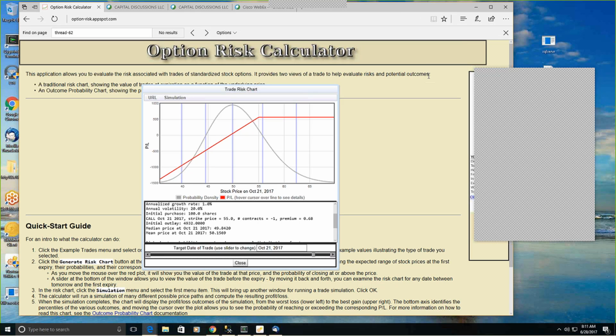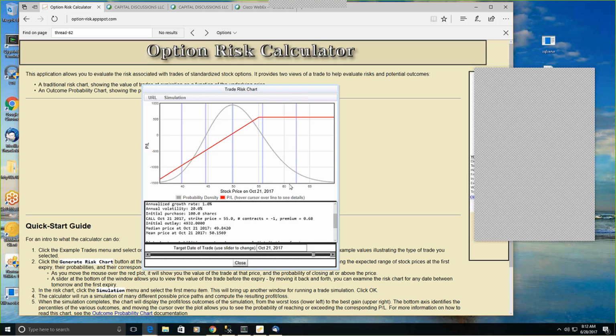Okay, so I'm going to open that chat window because as I talk about what's on the screen, I'm going to take a moment to talk about what's on this screen before we move on to showing other features of the tool. As you see, obviously we have the familiar looking price curves shown at the end of the trade, and we have a log normal distribution here, a bell-shaped curve.